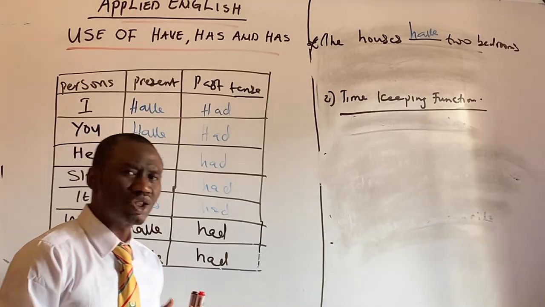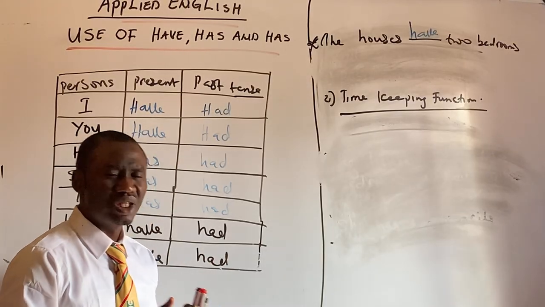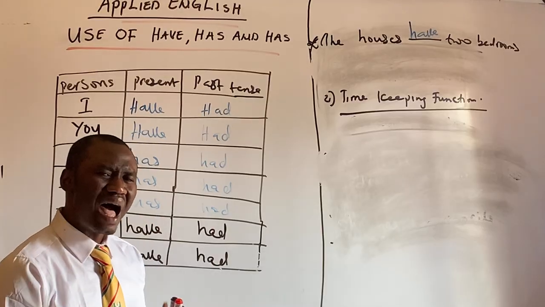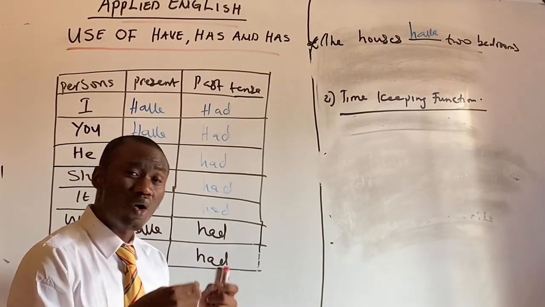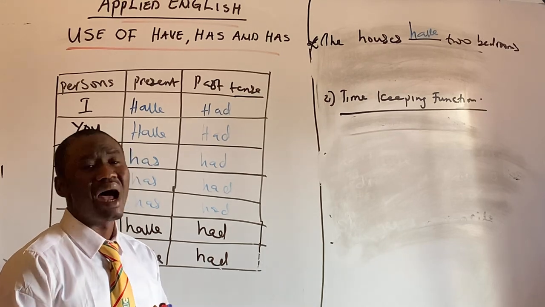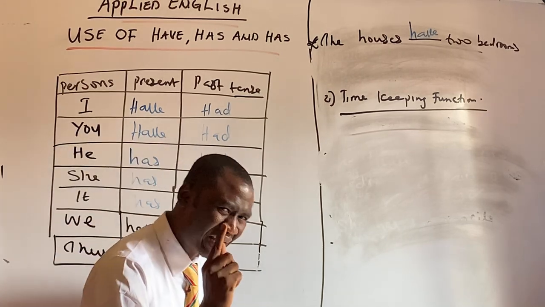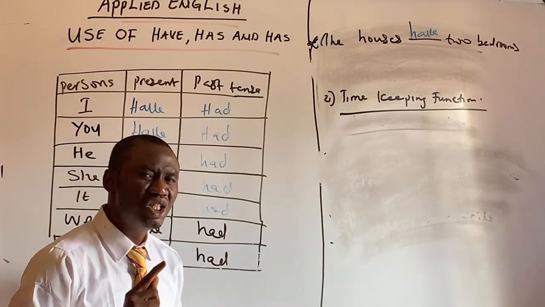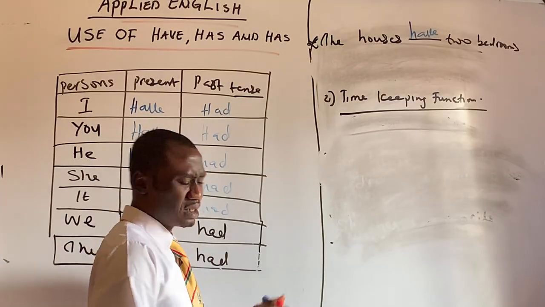In that function, they illustrate and establish the tenses. What I mean is this. Have, has, and had function as an auxiliary verb or a helping verb to illustrate timing and establish perfect tenses. Now, what are the perfect tenses that we have?